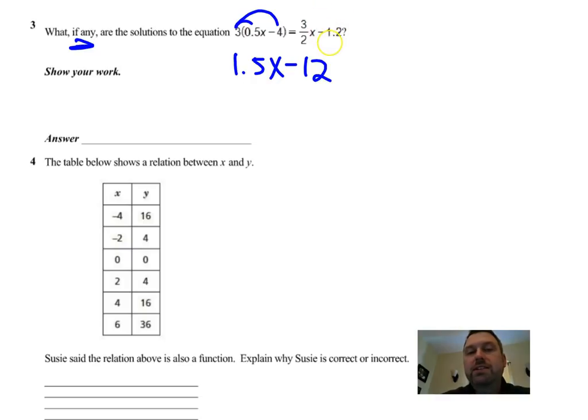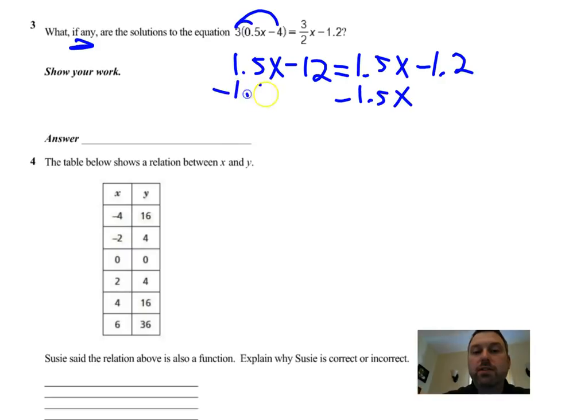When you're solving equations, if it's a fraction and you want to make it a decimal, go ahead. If it's a decimal and you want to make it a fraction, go ahead. It's up to you. 3/2 is 1 1/2, so I'm going to make it a decimal. At this point, you could get your x's on the left-hand side. The opposite of a positive 1 1/2x is to subtract 1 1/2x.